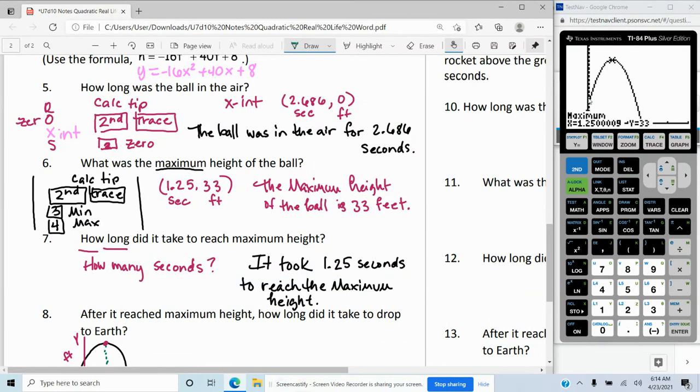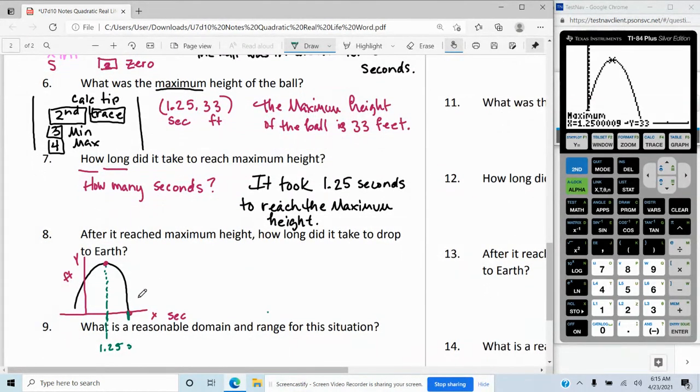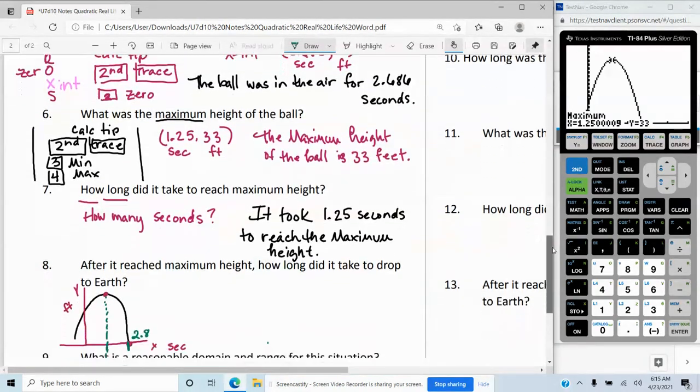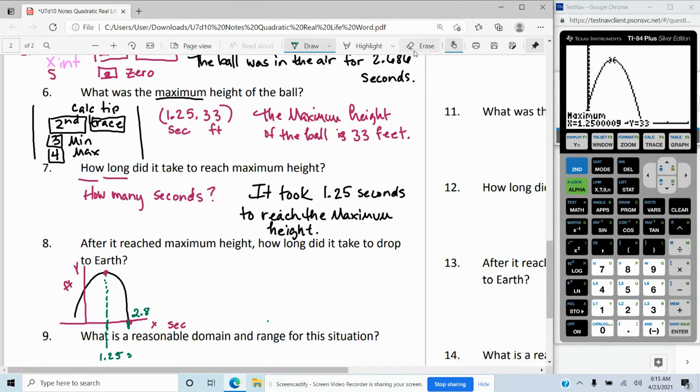Okay, that was how long it was in the air, right? That was that x-intercept. So let me write that down. 2.8, make sure, what did I have there? 2.68, okay, my bad. 2.686 seconds, right? So what I really want to know, it says it reached the maximum height.